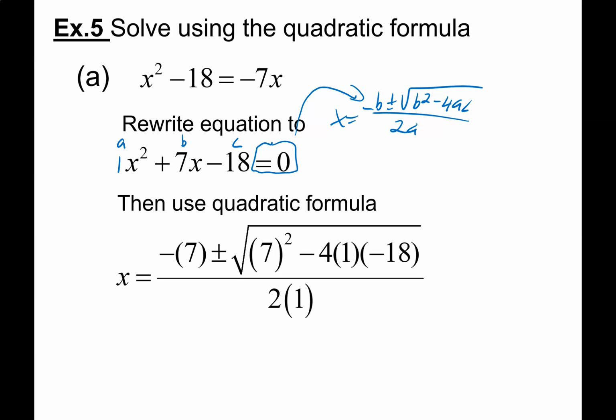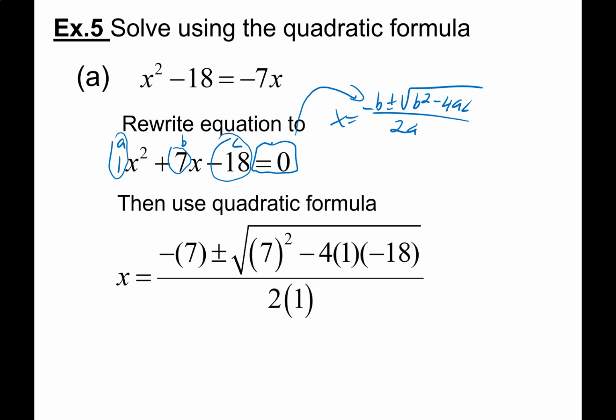So instead of saying negative b, we say the negative of 7, plus or minus the square root of 7 squared minus 4 times a times c, which is not 18, but rather negative 18, all over 2a.